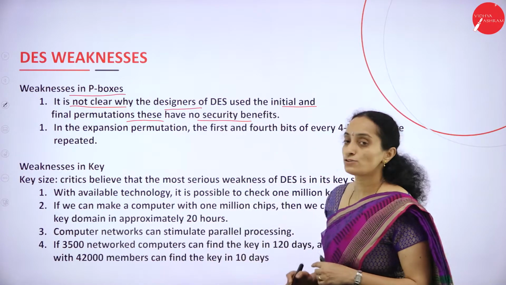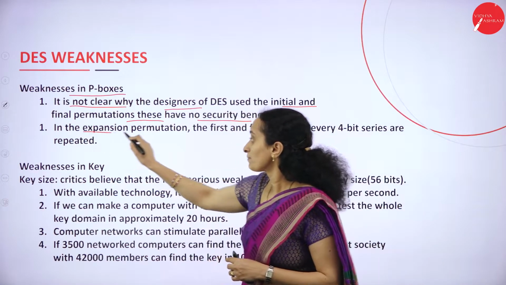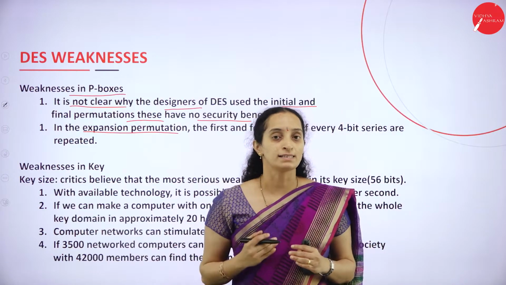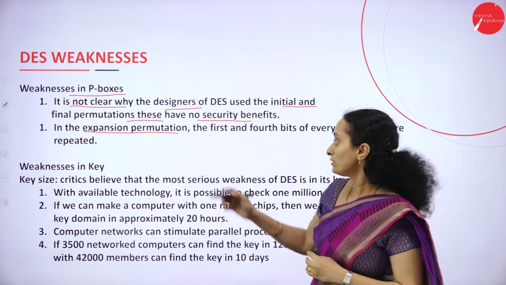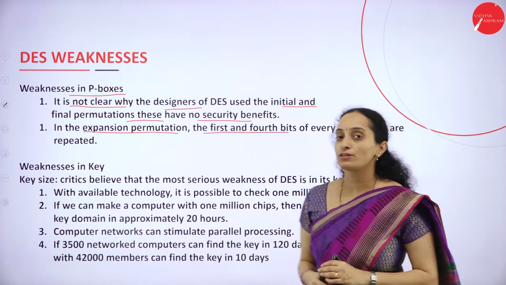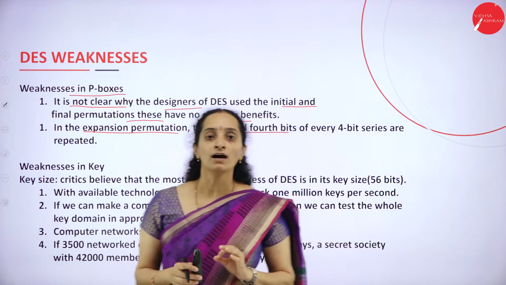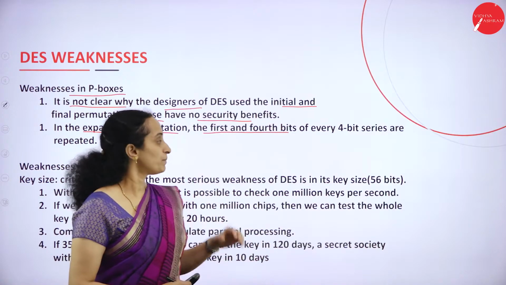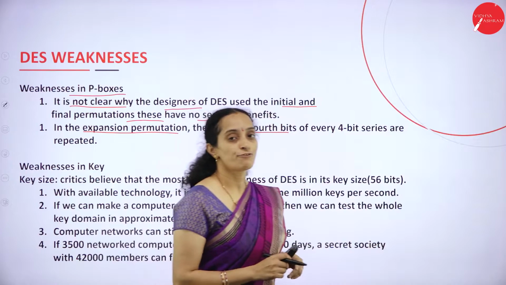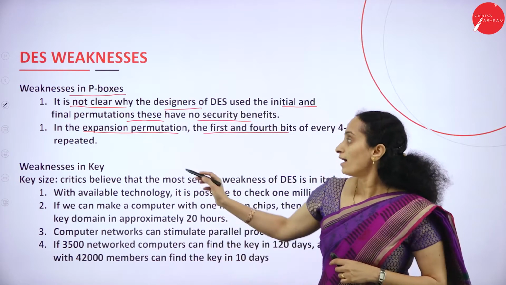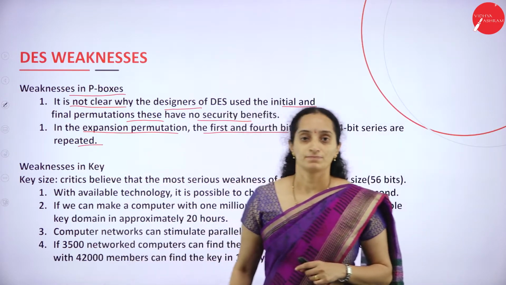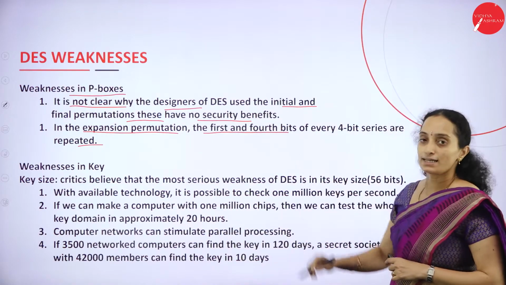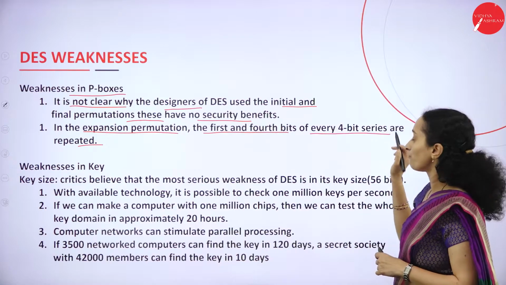The second weakness of the permutation box is in the expansion permutation, when you have fewer inputs and more outputs. The first and the fourth bits of every 4-bit series in the expansion P box are repeated.